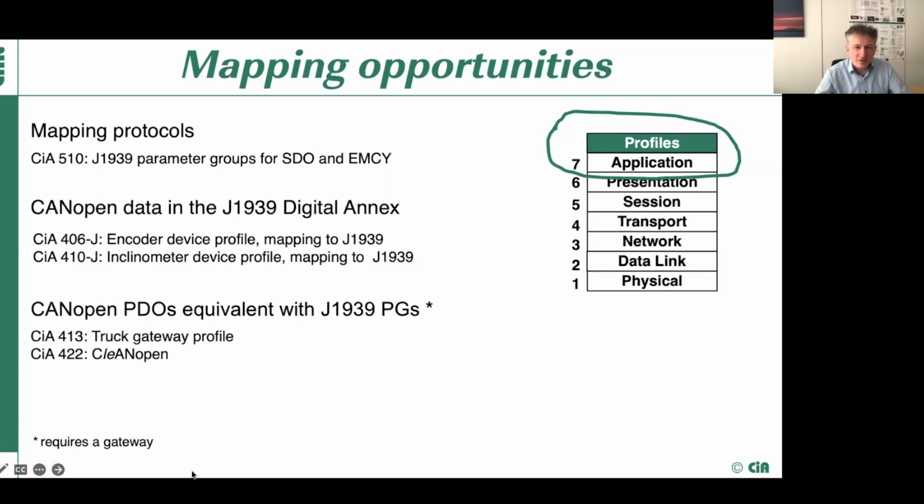In order to make available the functionality of the various CANopen protocols for the J1939 networks, and to know, if data comes from the J1939 network, how you can reconstruct the message for the CANopen network using these SDO and EMCY services of CANopen, we have PGNs, parameter group numbers.